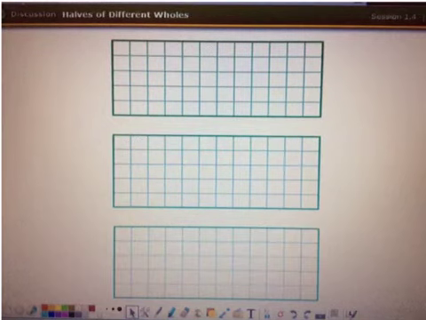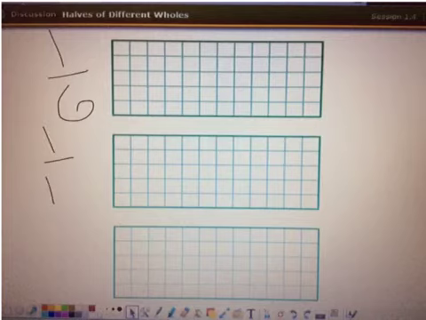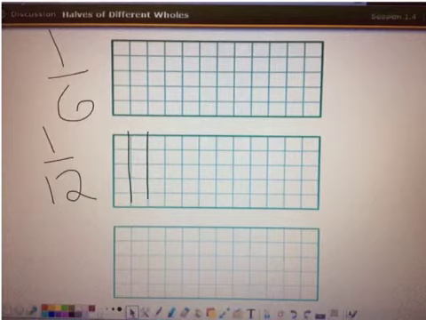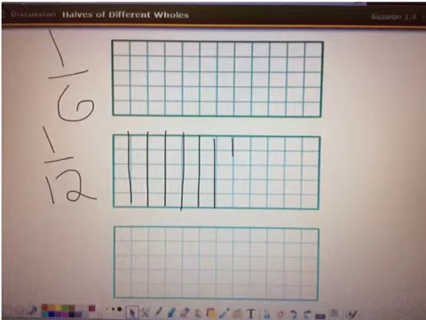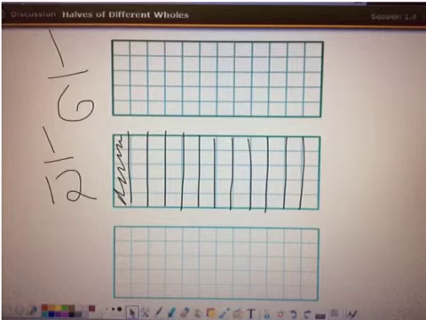I'm just going to quickly make 1/6 and 1/12 just to show you. I'm going to try 1/12 first because I know that this is a 5 by 12 rectangle, so I can just cut my fraction this way into 12 pieces, and of course my numerator being 1, I can shade in one of them. If this was a different fraction, like say 5/12, then I would just shade in 5 boxes.